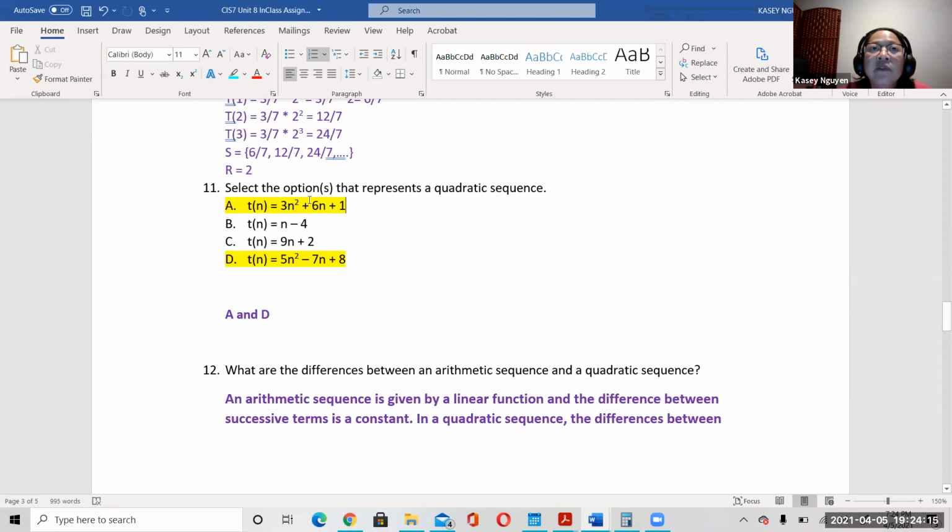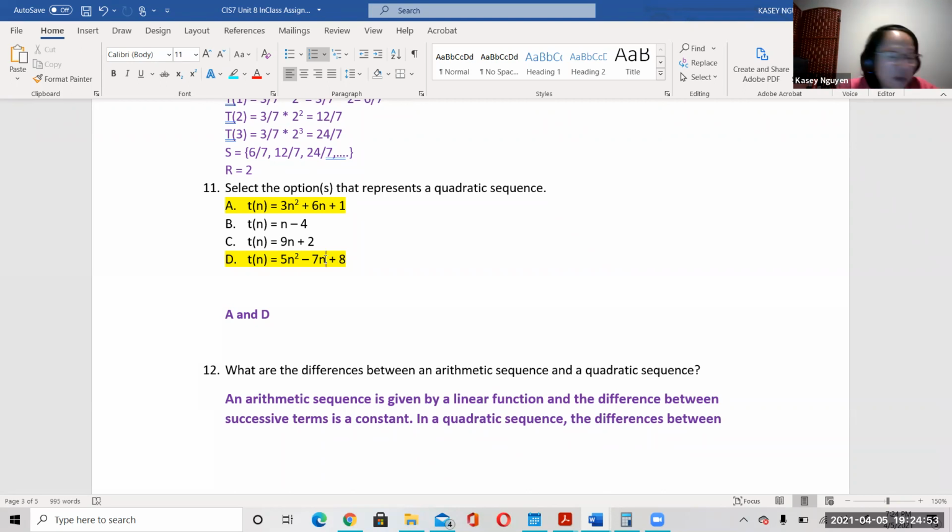Or look at the level of differences. You can plug in n, solve for n, and then look at the pattern there. D is also another quadratic sequence. Quadratic is the easiest, right? So all of them are easy, but when you look at a quadratic sequence, it just jumps right out. The square, right? And the quadratic format. So A and D for number 11.